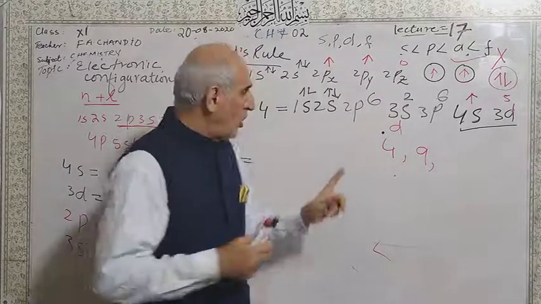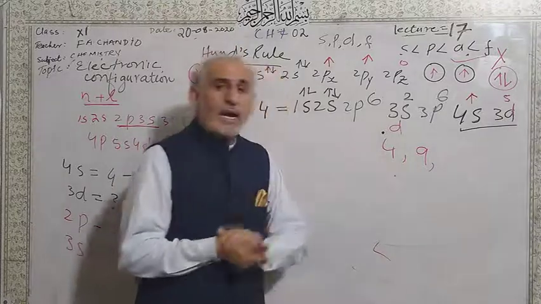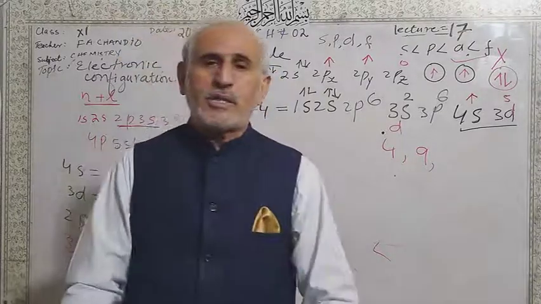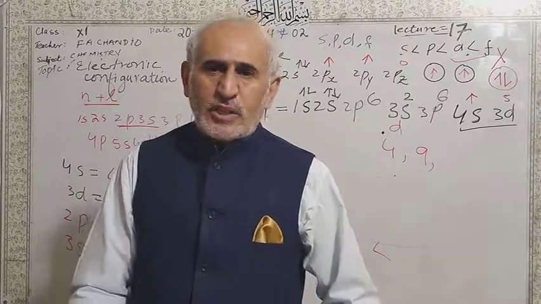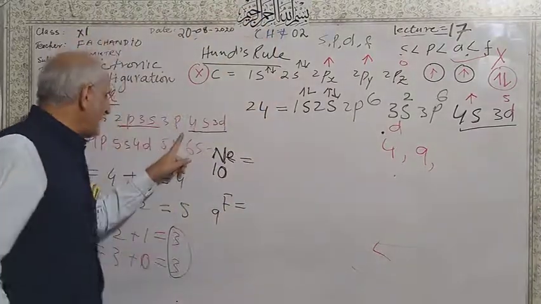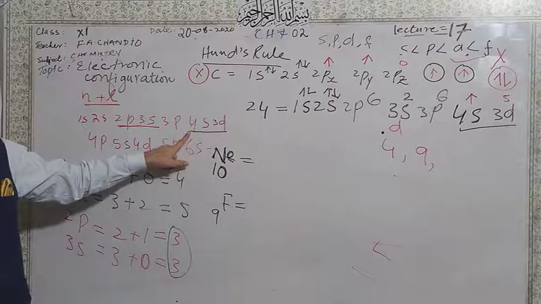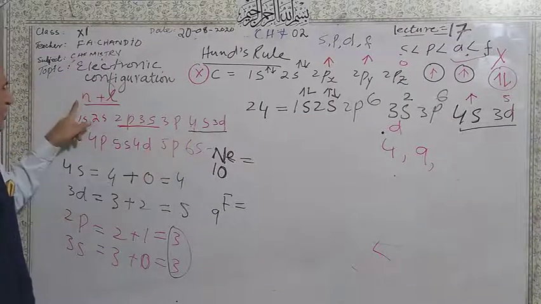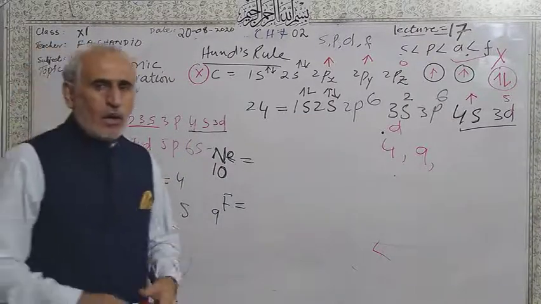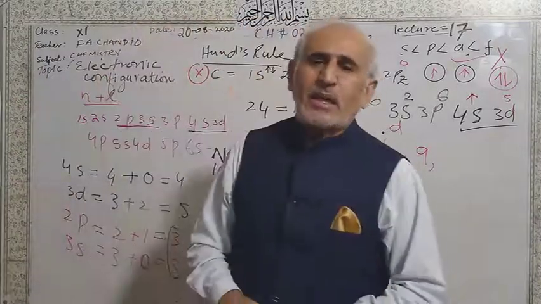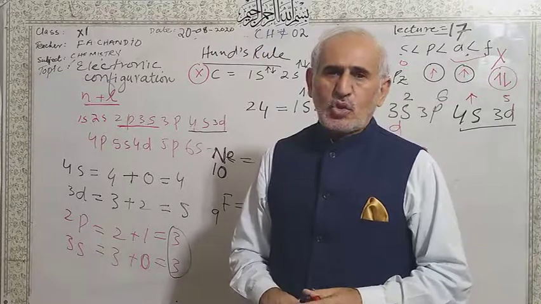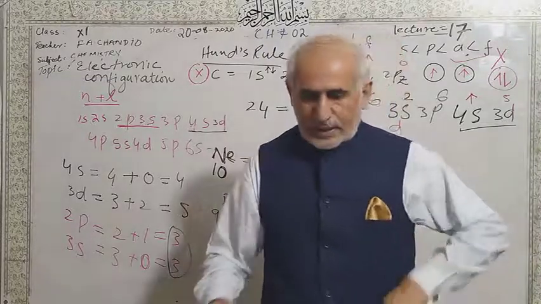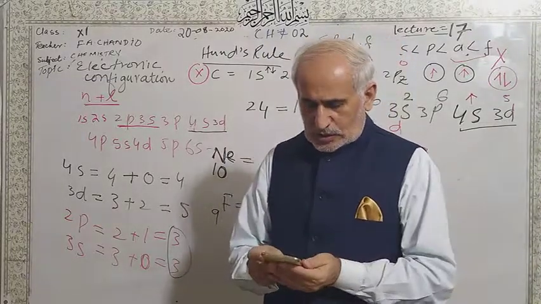This is the rule only for 4 and 9 in d orbitals. So if you see the electronic configuration, this is the rule according to the Aufbau principle, and this is the formula to check which orbital you are going to fill, because it shows the energy of the electrons.